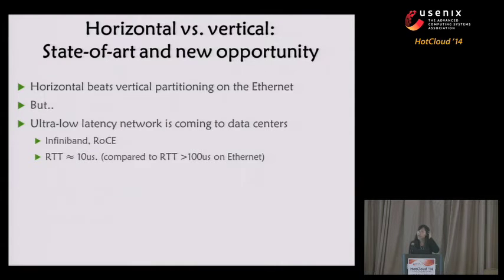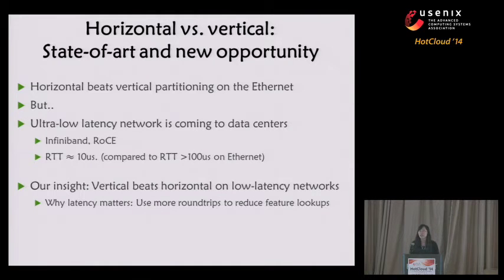In this talk, I'm going to show you that a vertically partitioned search engine works better on these networks. This is because we can use multi-round algorithms to reduce the number of lookups. And these multi-round algorithms are only practical on ultra-low latency networks.